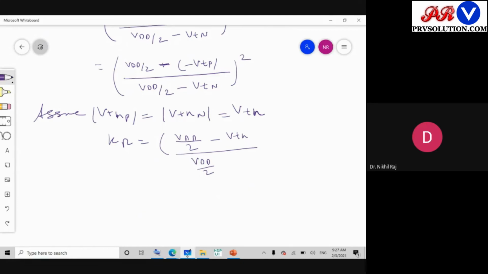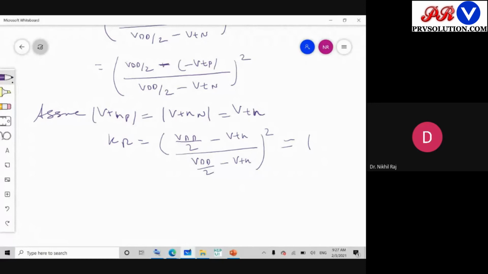So from here, what is the analysis? If the threshold voltages are the same for both transistors, then also we can get KR equals to 1.